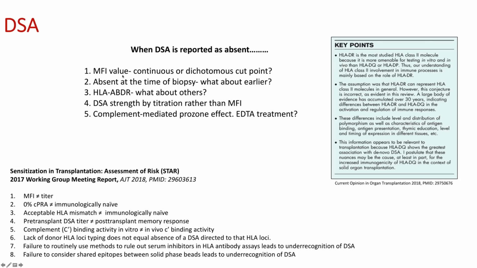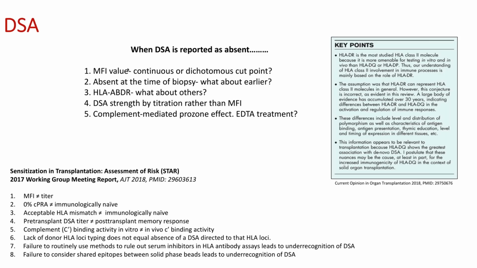Now, DSA is typically reported as an MFI value, or mean fluorescent intensity. Though the FDA has not approved MFI as a continuous scale to be used for diagnosis, in reality, MFI is reported in numbers. It's a continuous number.